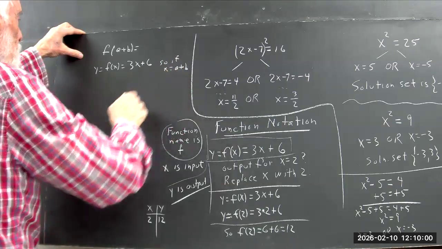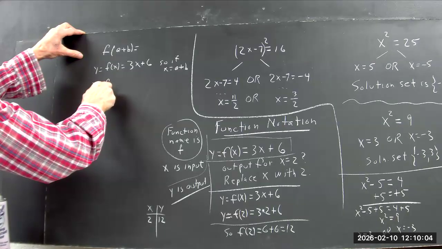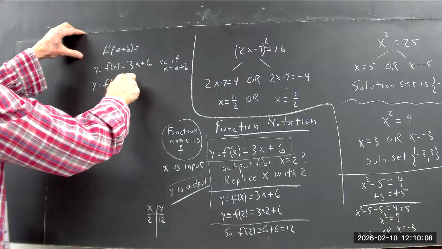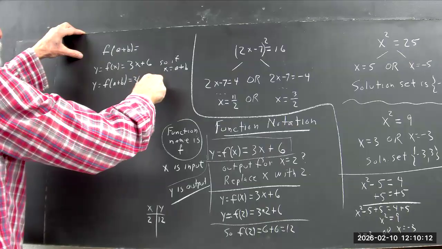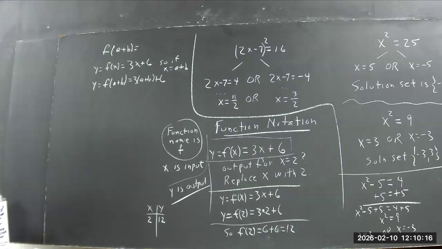So if x equals a plus b, then y equals f of a plus b equals 3 times a plus b, plus 6. All right?